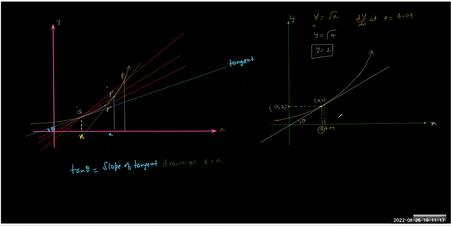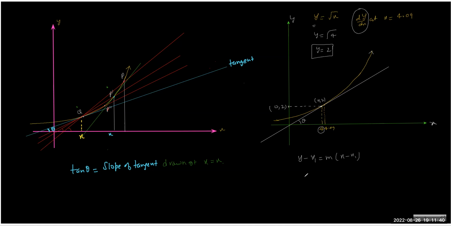Can we find the equation of a straight line using the point slope form? Because I know one point and I know the slope. And how do you know the slope? What is the equation of a straight line using the point slope form? Tell me, guys. y minus y1 equals m into x minus x1, isn't it?